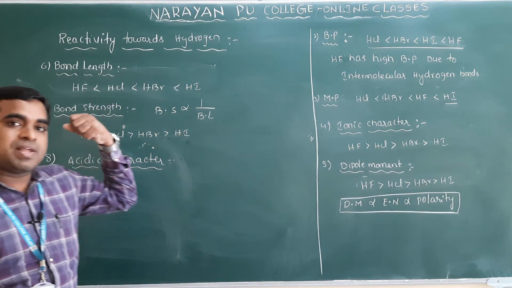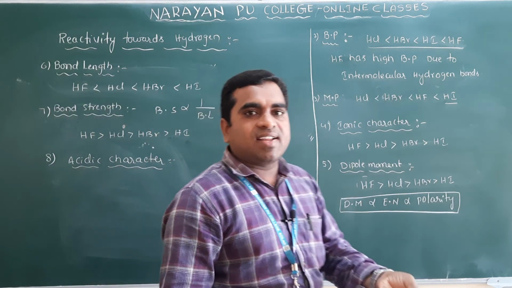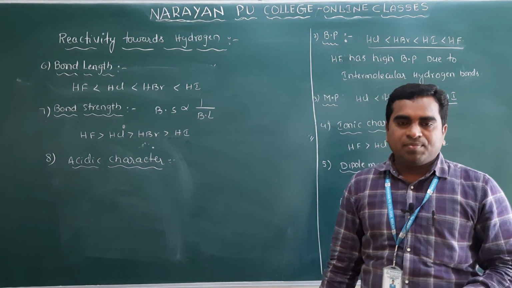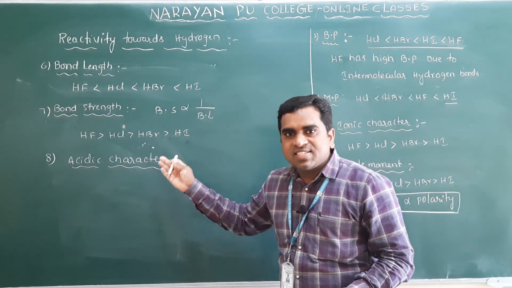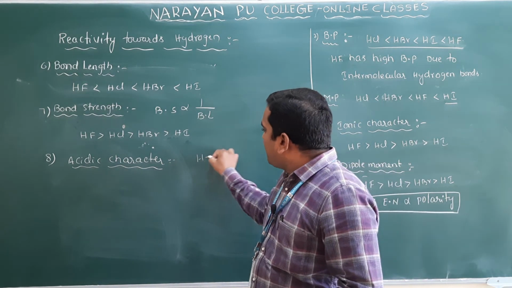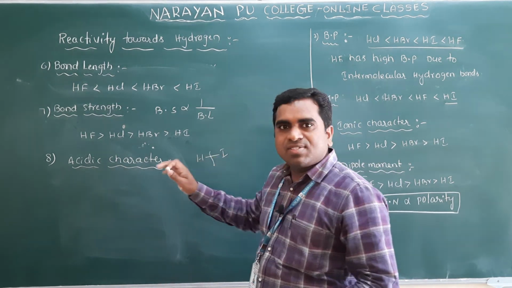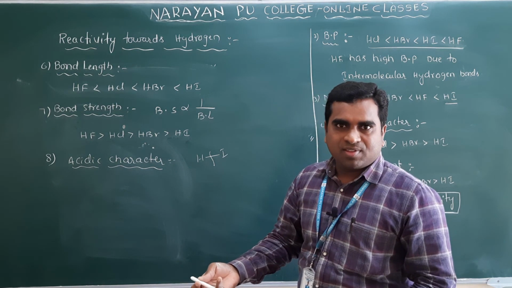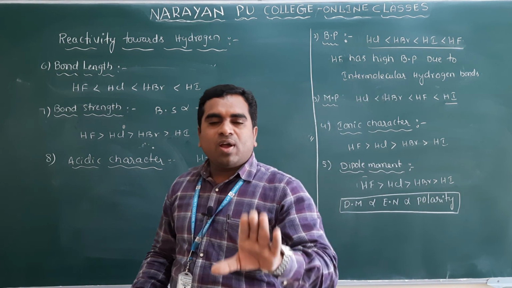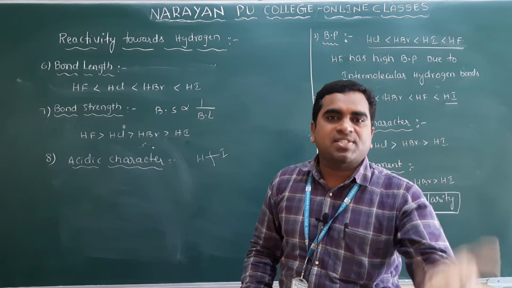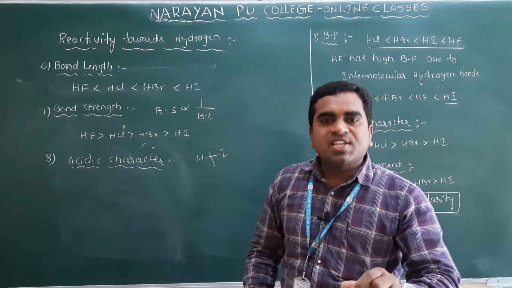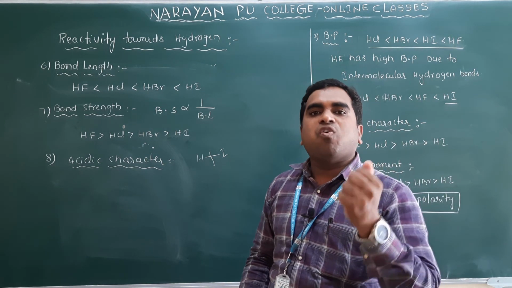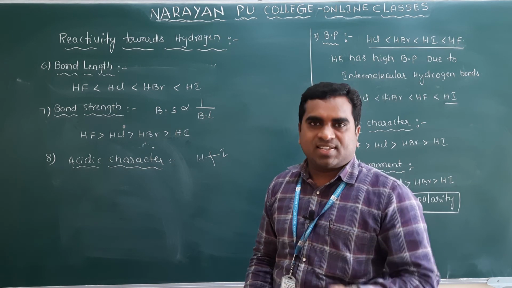But the one which gives the H plus ions very easily is the strong acid. Which bond breaks easily, that gives the H plus ions very easily. Got my point? And acid means it should give the H plus ions. So which gives the H plus ions very fast, that is the strong acid.